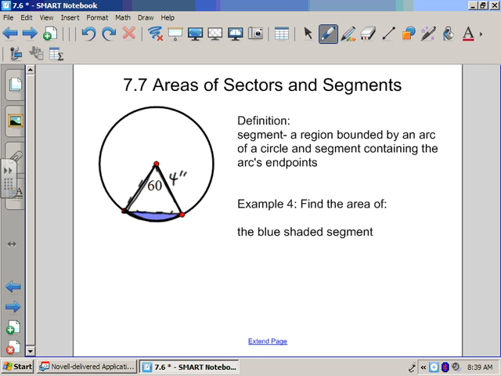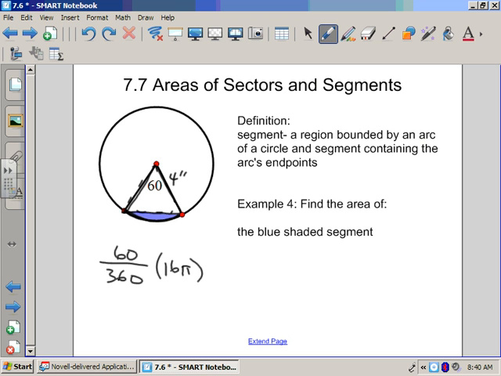Well, the area of the sector is the measure of the central angle divided by the degrees of the whole circle, which is 360, times the area of the circle, which is 16 pi.